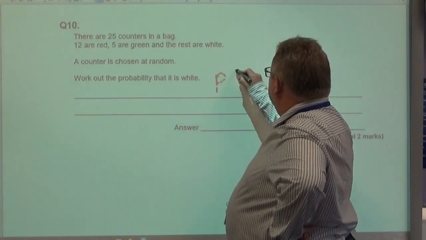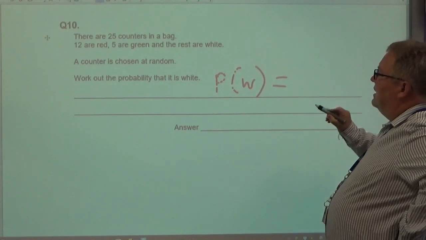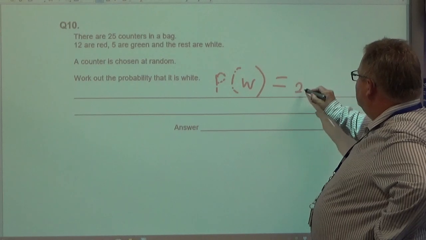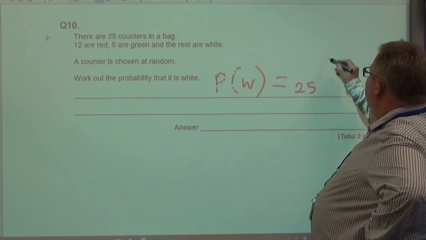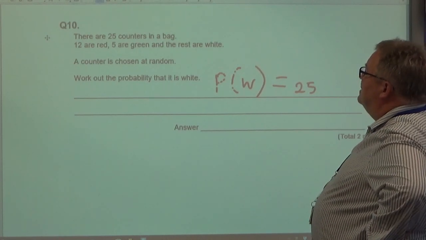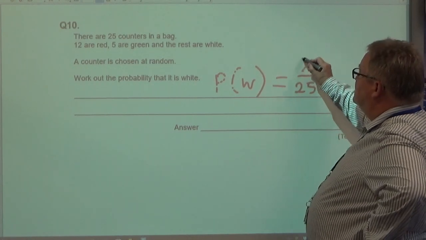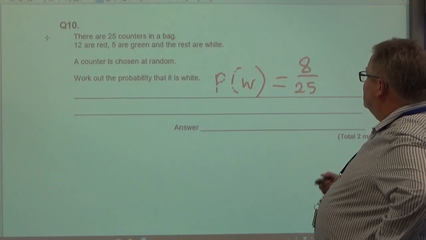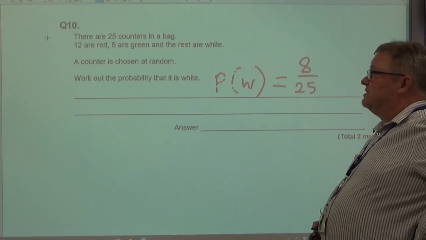Well, there are 25 in total, and 12 are red and 5 are green, so 12 plus 5 is 17. That means we're going to have 8 that are white. So the probability there is 8/25. Fairly straightforward, a simple probability question. We're hoping to get a simple probability question.